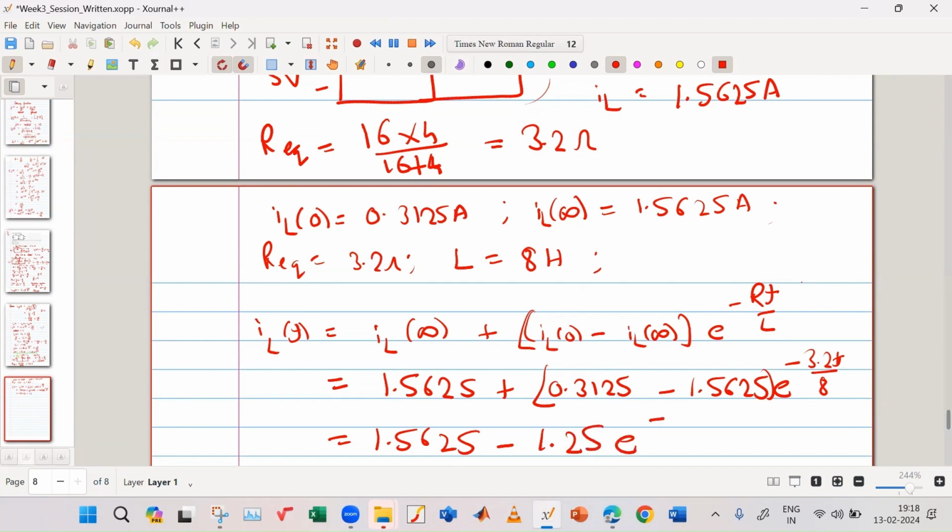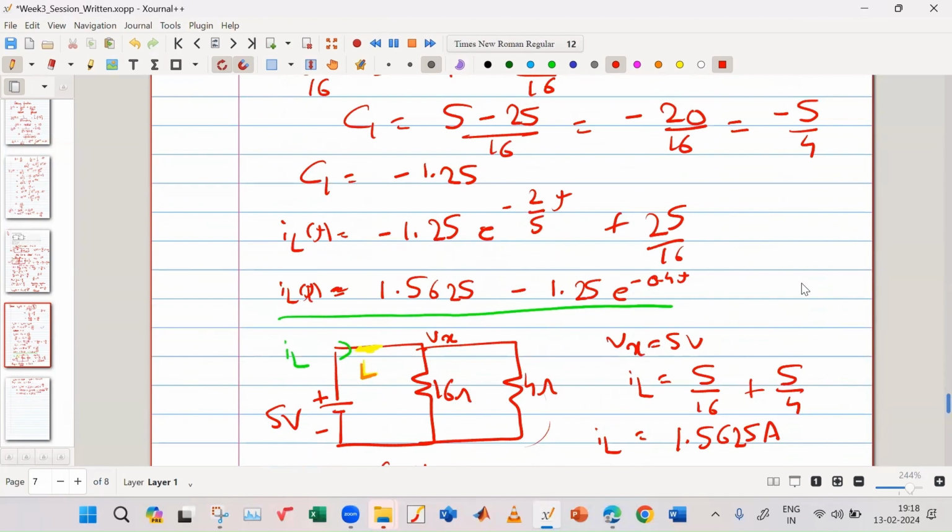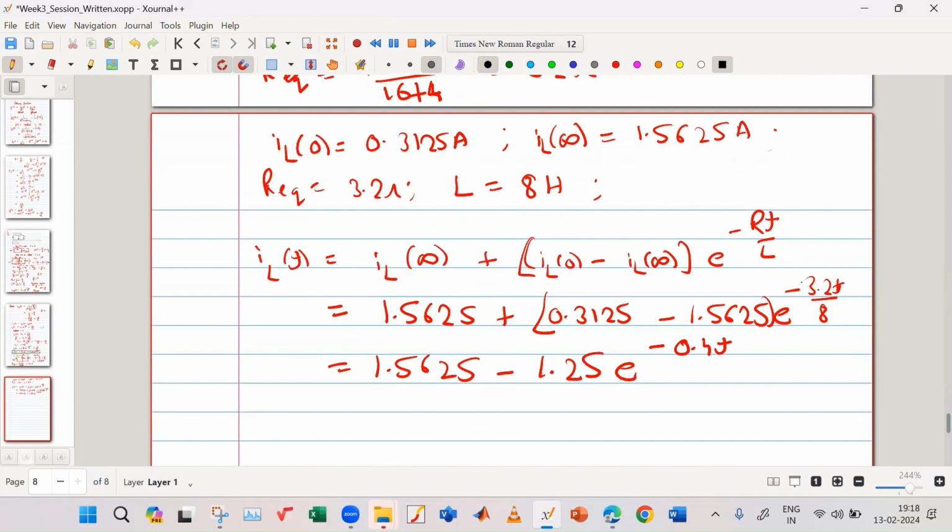And what is 3.2 by 8? 0.4. So this is 0.4 t. So I got the same answer over here also. This one as well as this one.